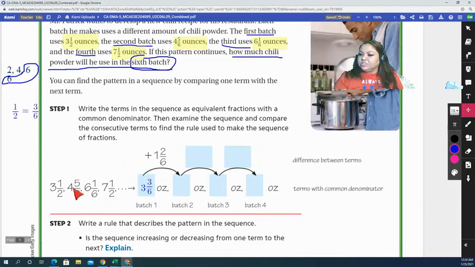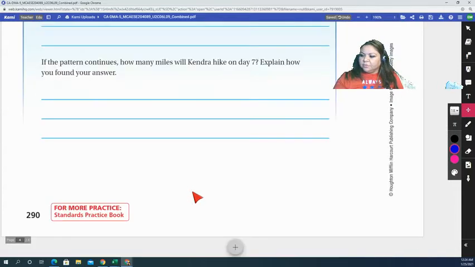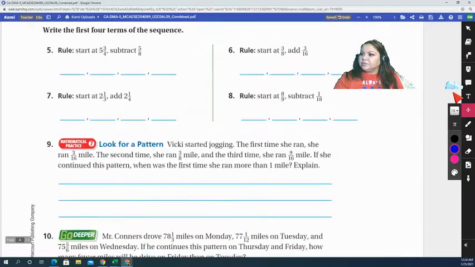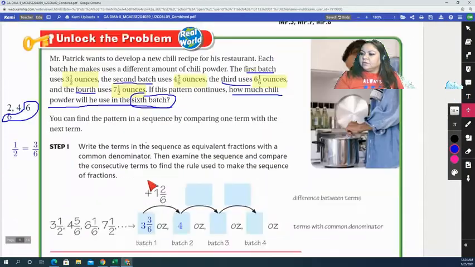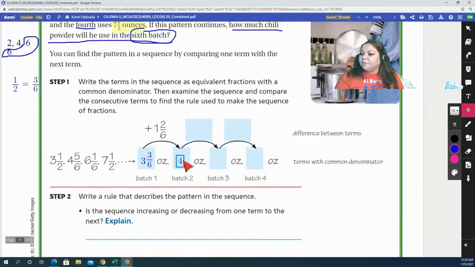Now the next number is 4 and 5/6. Here we go again. I went to the end of the page. Okay, so we have 4 here and we need to put 5/6.